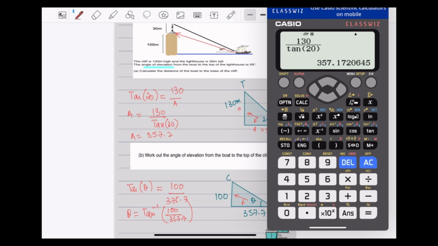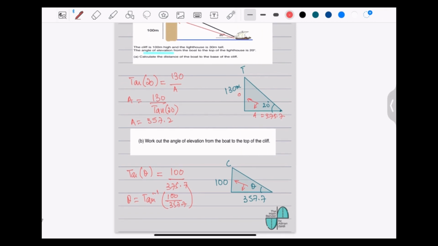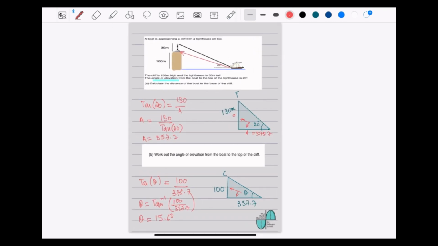So you use shift tan 100 over 357.7, which is going to be 15.6 degrees. So now the angle is 15.6 degrees, which means he has to elevate from his line of sight 15.6 degrees in order to view the height.